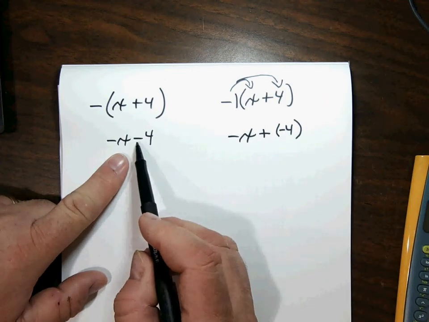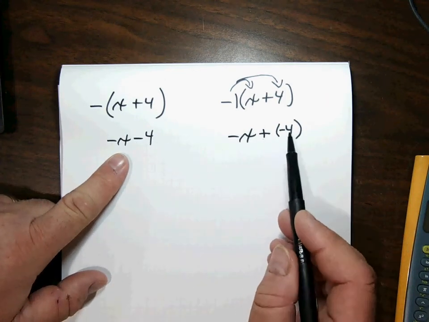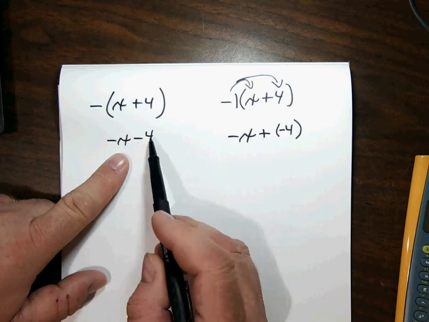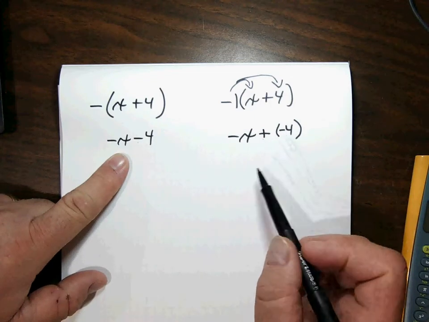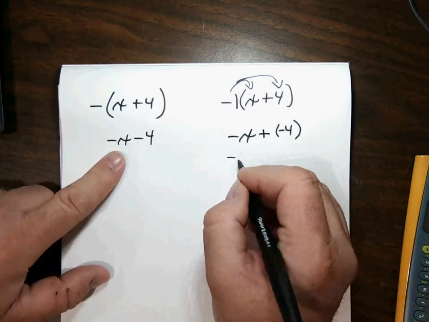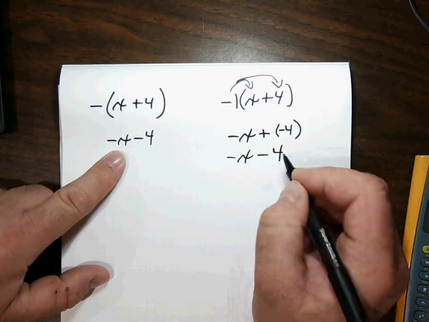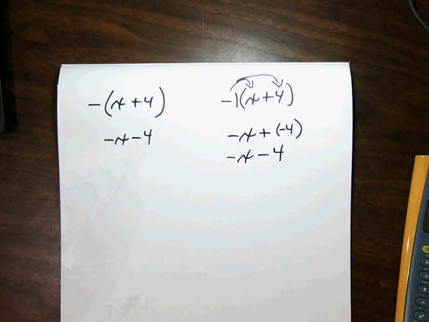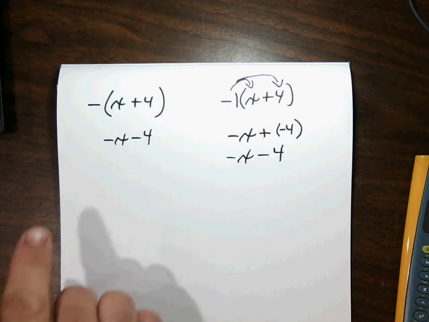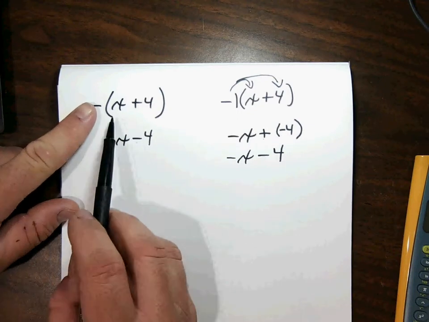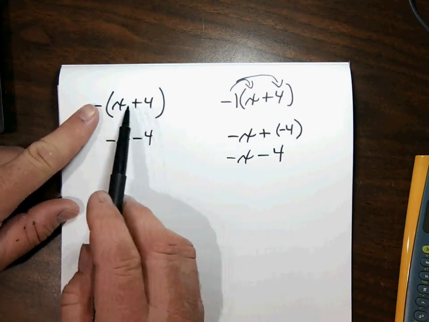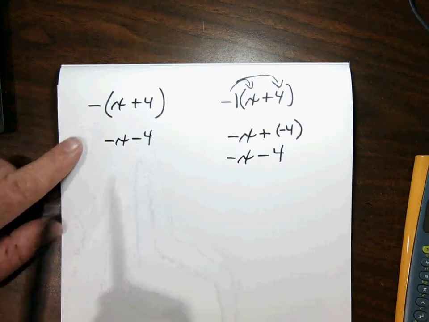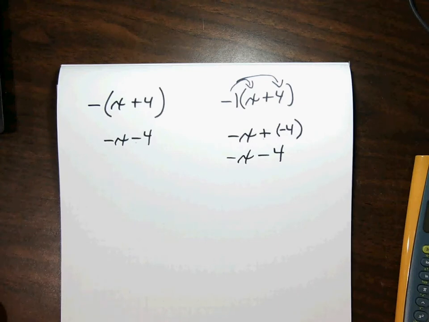This is minus a 4, and this is plus a negative 4, right? Minus positive is the same as plus negative. I just think this way is a little cleaner to write it, instead of having that extra parentheses in there, but it's the same value. The other way to say it is, this negative gives everybody inside a change of signs. They were both positive inside, now they're both negative when I drop the parentheses.